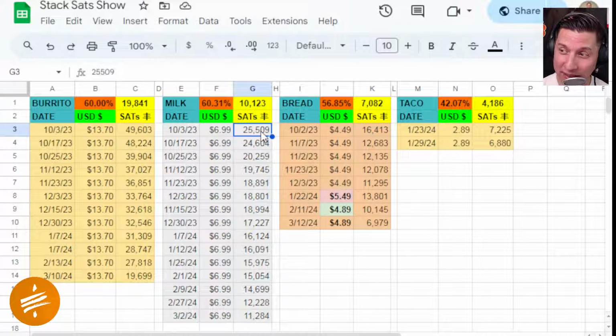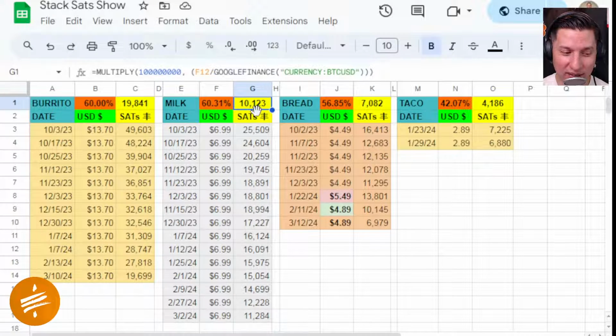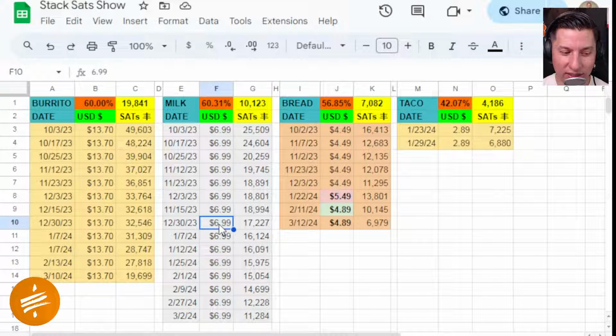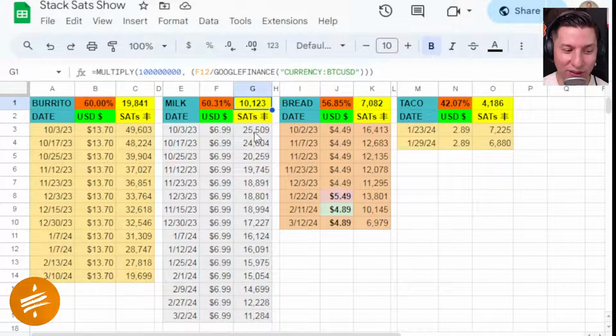I'm not saying that I was spending satoshis. I'm just saying if I would have paid with satoshis, it would have cost me 25,509 satoshis for that 1 gallon of milk. Well, at the price of Bitcoin today, since the milk still costs $6.99, it's only going to cost me 10,000 satoshis.